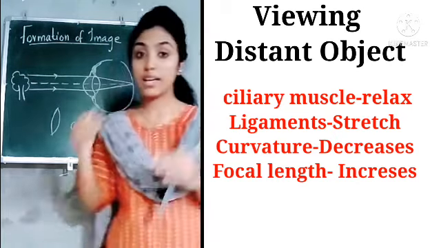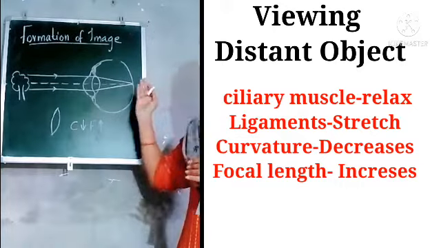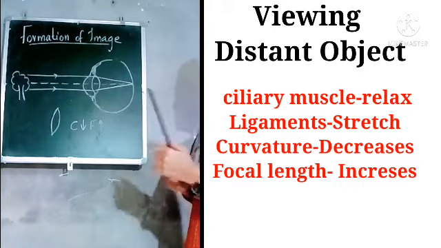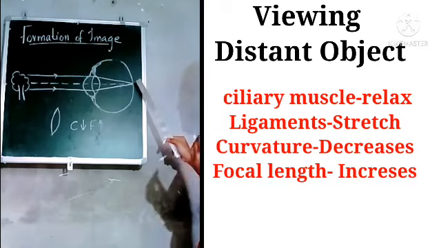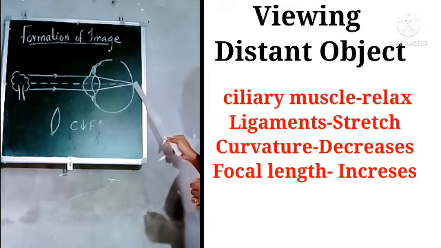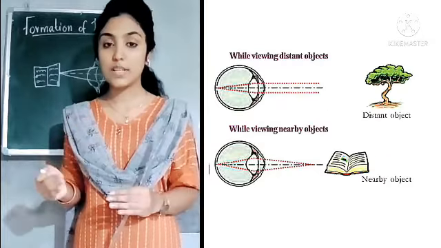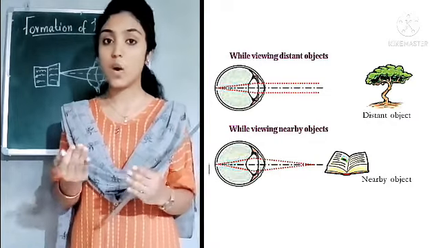The focal length needs to be increased for getting a clear image of the distant object. So here you can see when the focal length increases, we will get a clear image of the distant object on the retina.